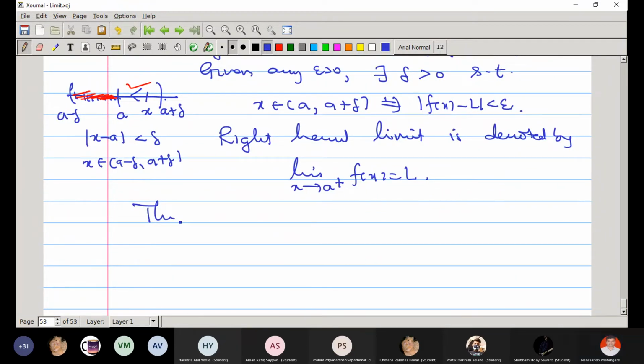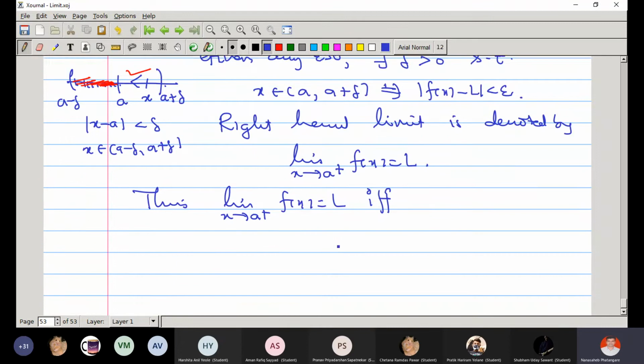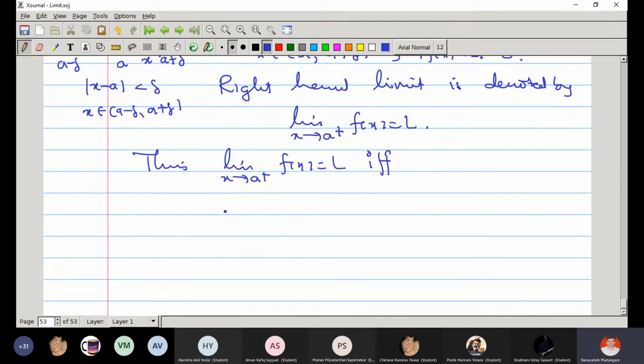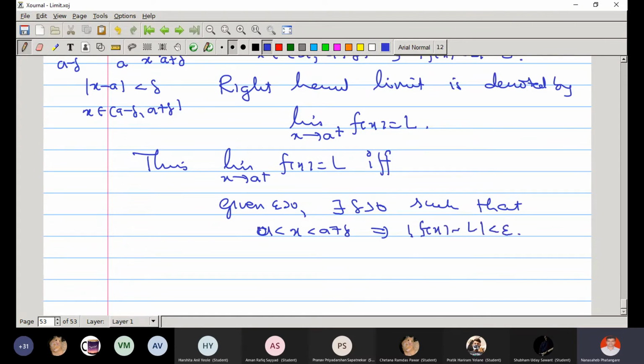Thus, limit x tends to a plus of f(x) is equal to L if and only if, given epsilon, there exists delta such that 0 less than a less than x less than a plus delta implies the distance between f(x) and L is less than epsilon.